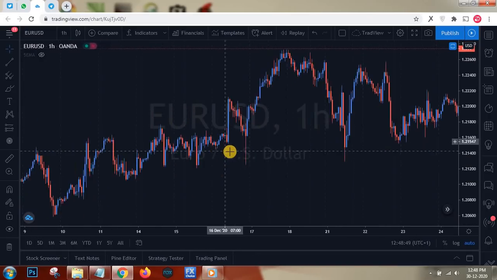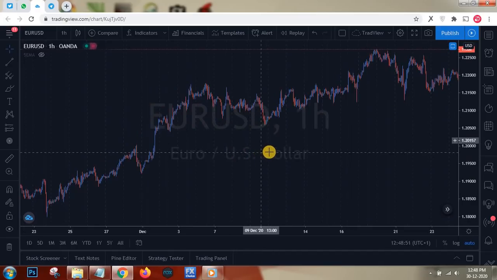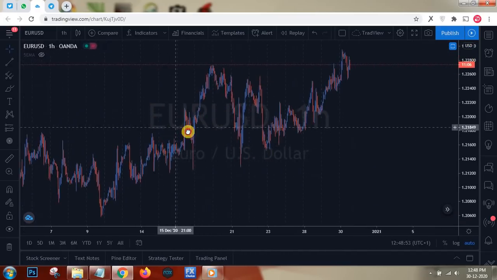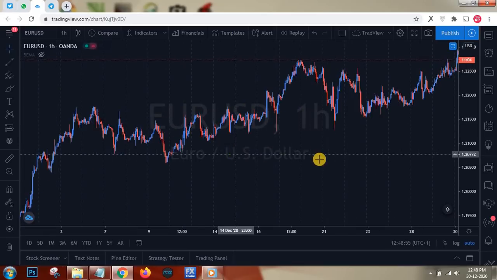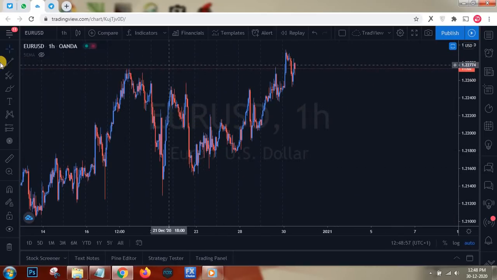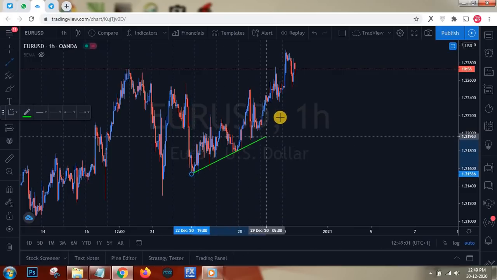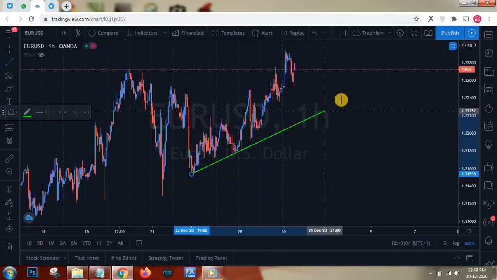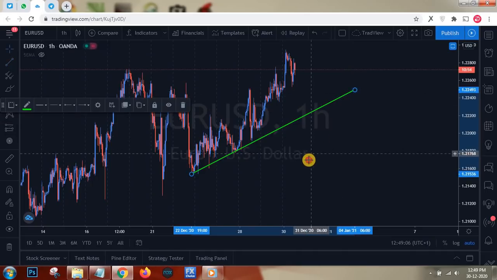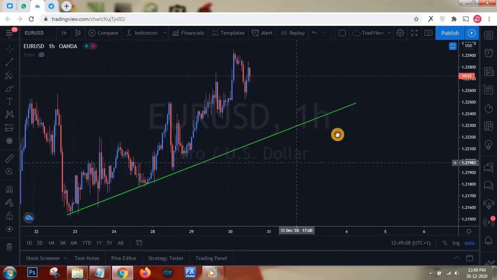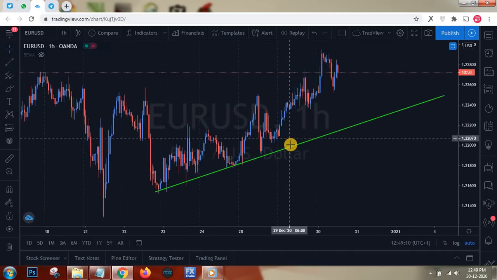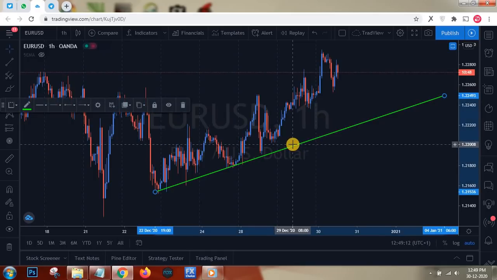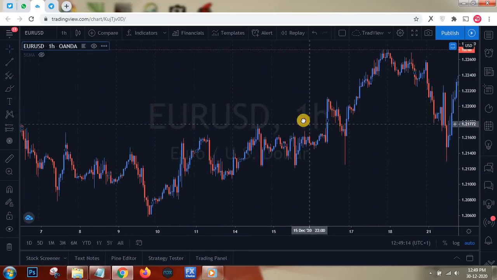Okay, let me zoom out my charts and look for a nice system. Okay, this is an uptrend, for those that trade trends. So I'm just trying to look for a bullish engulfing candle.